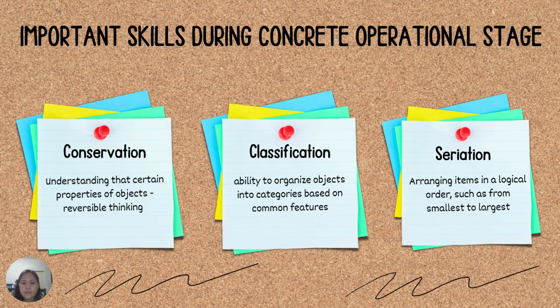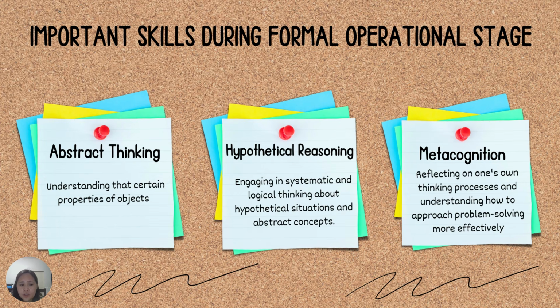Okay, then as learners transition from the concrete operational stage, that's 7 to 11 years old, to the formal operational stage, that's more on reaching adolescence, thinking takes a major leap from concrete to abstract. At this stage, learners develop the ability to think abstractly.